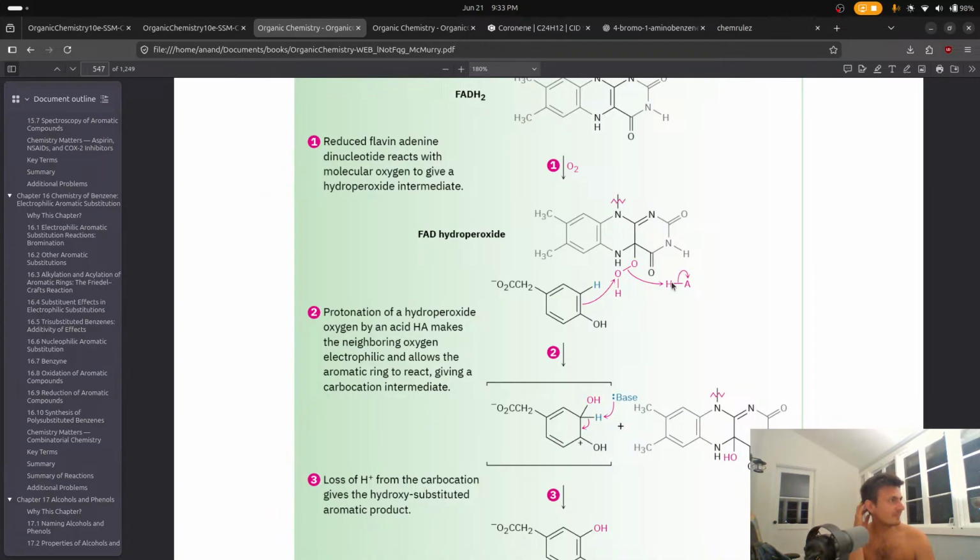Protonation of a hydroperoxide oxygen by an acid HA makes the neighboring oxygen electrophilic and allows the aromatic ring to react. Okay, so this is kind of the first initiating part, and then this is the second part. But shouldn't it be, why is it drawn from the bond?